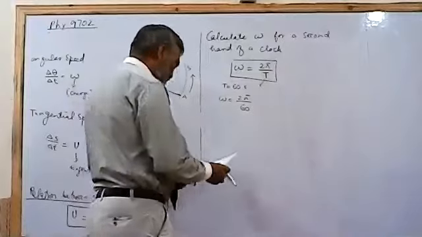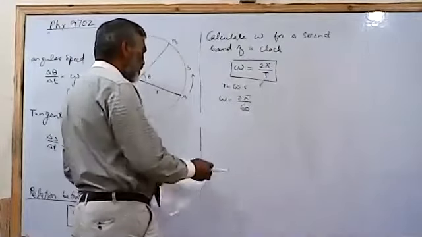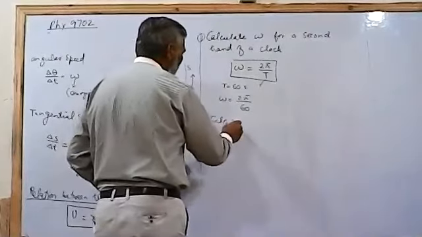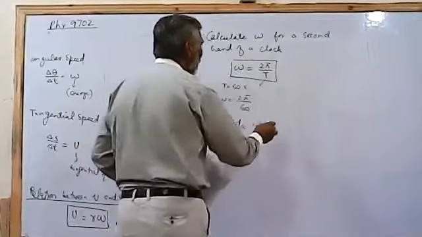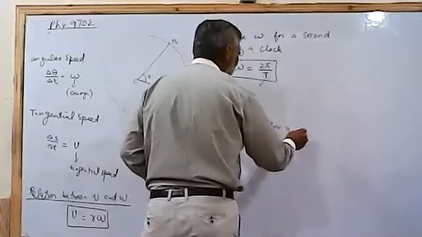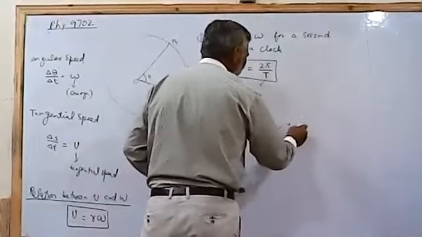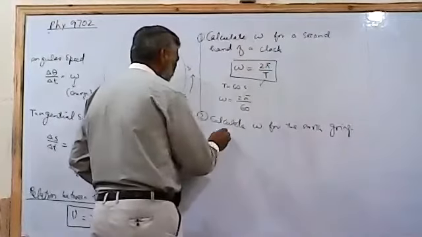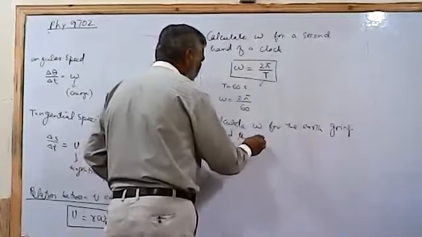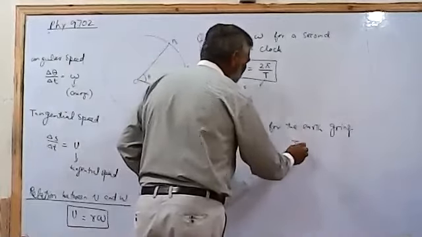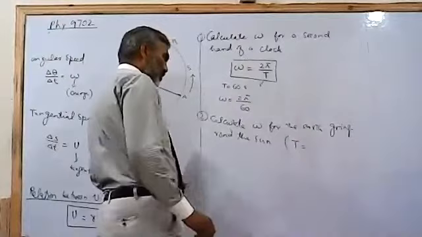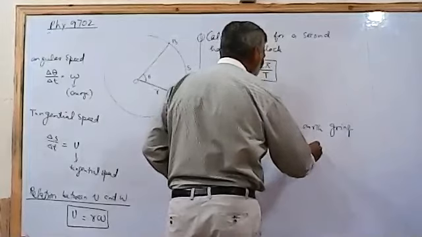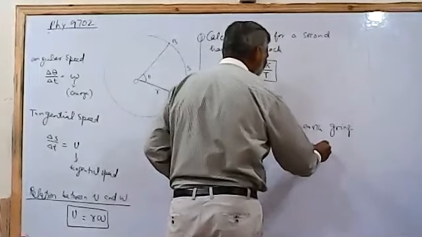Similarly, another question: calculate omega for the earth going round the sun. We all know that in this case the time period is 365 days.